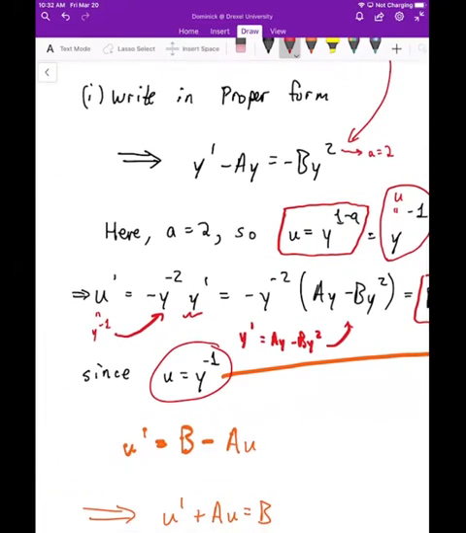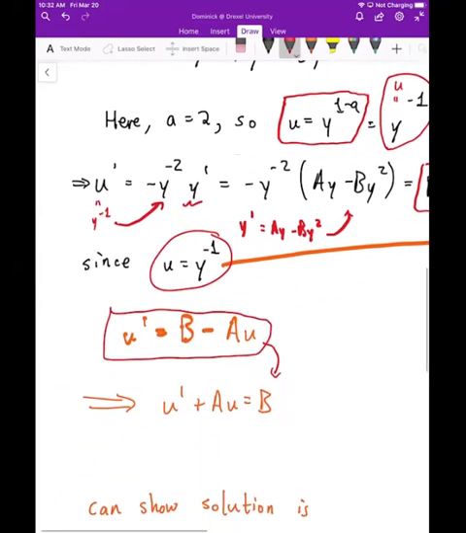And now we end up with the linear ODE. Of course, once we write it in its usual standard form over here, we get the ODE u prime plus a times u is equal to b. Now, you can use the methods in the previous video on non-homogeneous linear ODEs to solve this.